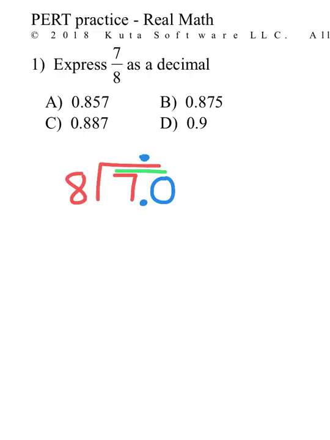If you do not know your multiplication facts, this is where I talk about the dot game. You don't have a calculator on the PERT on some questions. So for the dot game, you would give yourself 8 dots, and you're going to count through them. Every time you count through them, you are going to write that number down. So the first one would obviously be 8.